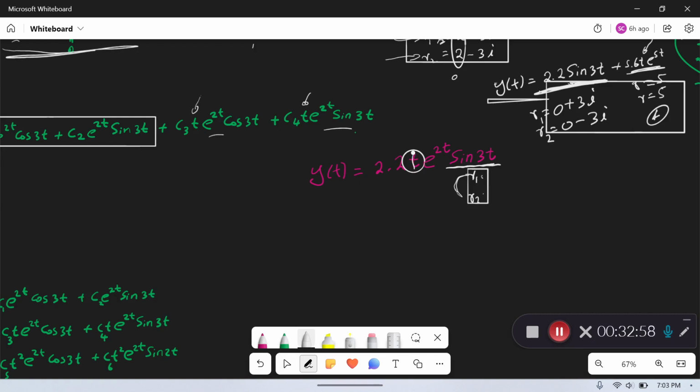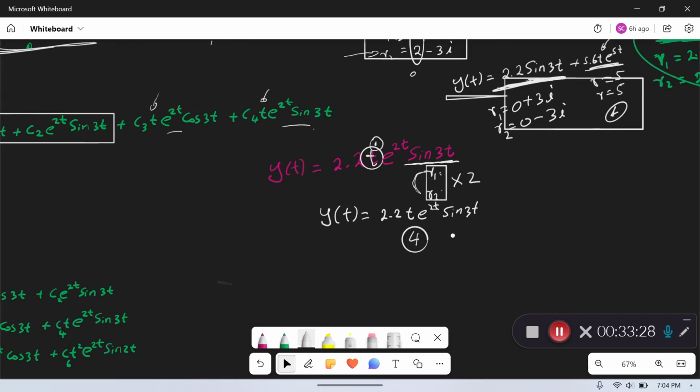And by looking at this number t and its power 1, we can say that the complex root we have here has been repeated 2 times. So you get 4 roots for this one just by looking at this single expression, 2.2 t sine 3t. We can safely say that you need to have a polynomial of order at least 4, right?